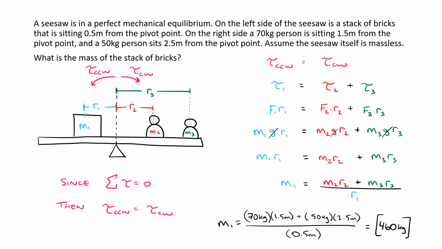We know mass 3 is 50, and radius 3 is 2.5.